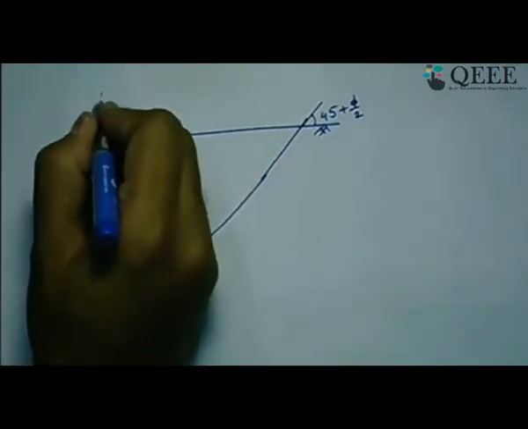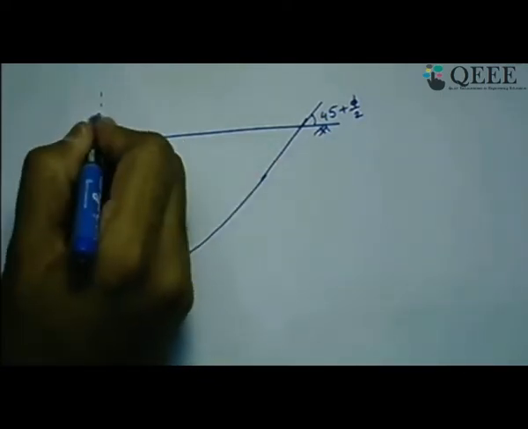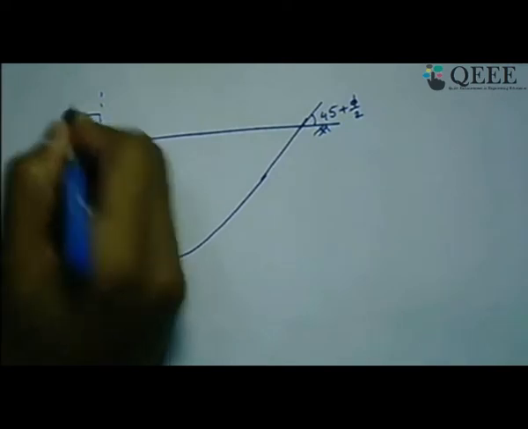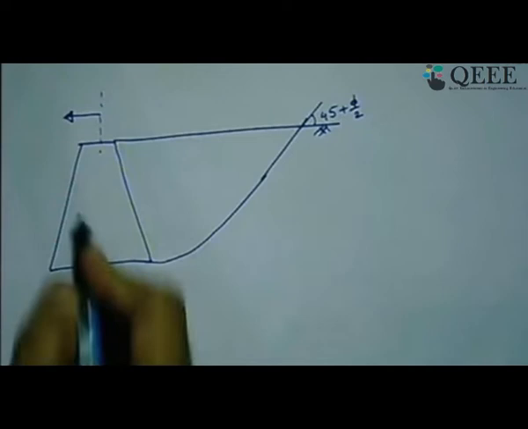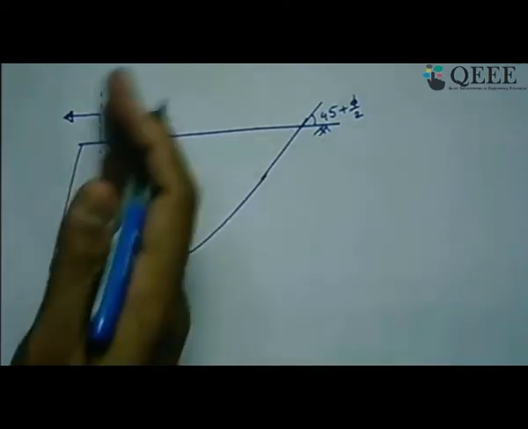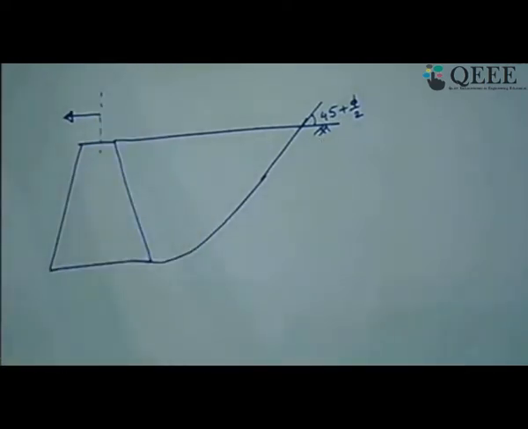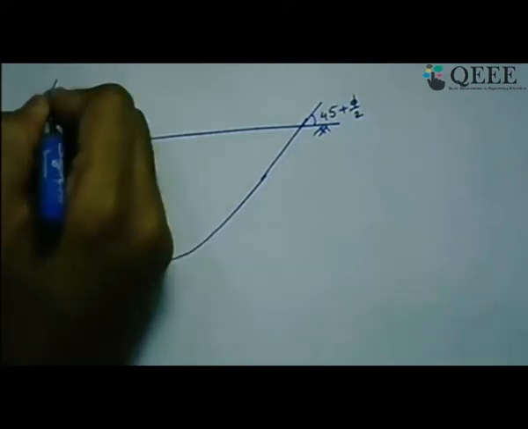When we call it the active case, that purely depends on your lateral movement, either sliding or rotation. That means away from the backfill. This is your backfill, the wall is going away from the backfill, that gives us the active state.